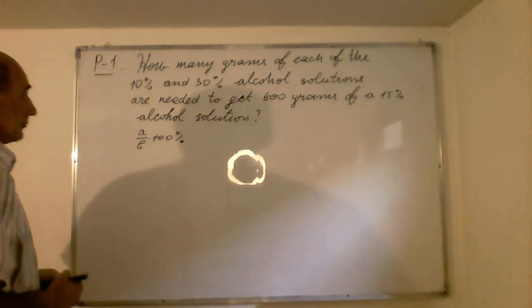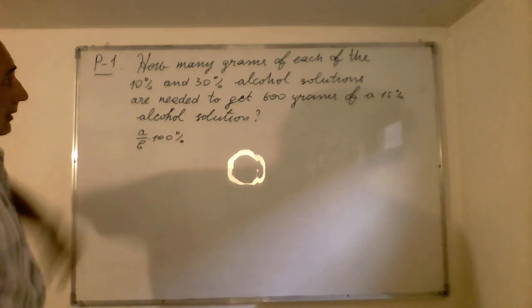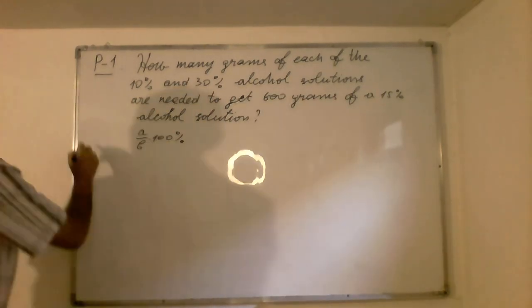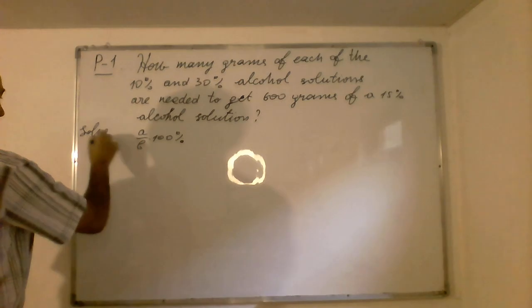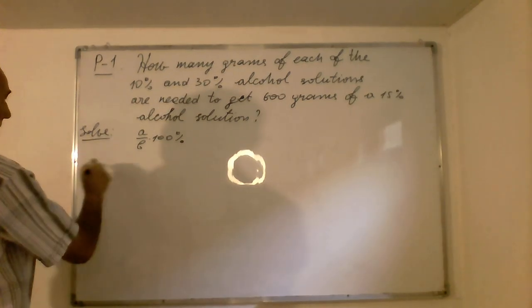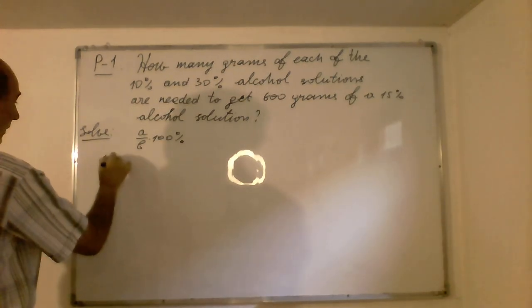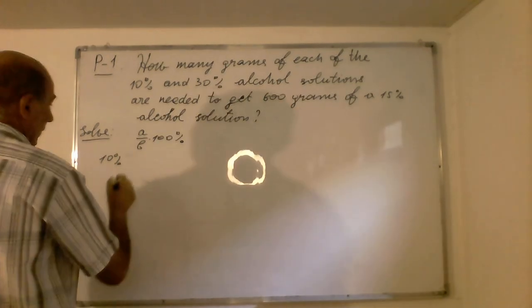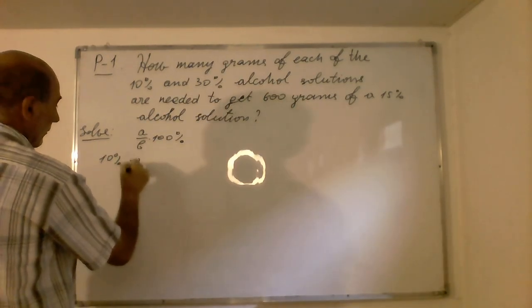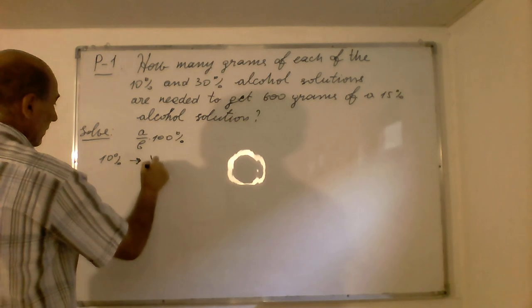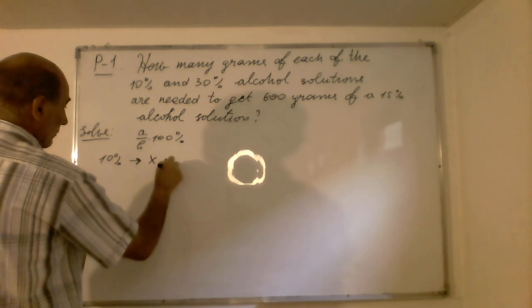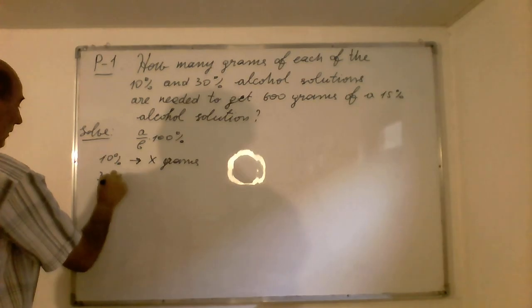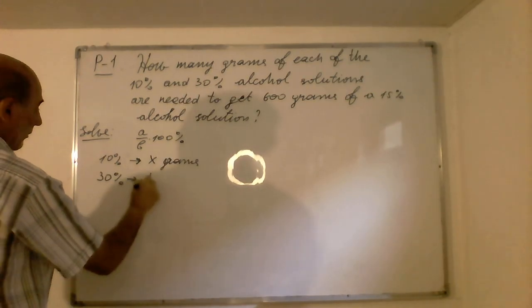So let's assume that the 10% alcohol solution is needed to get X grams, and this 30% alcohol solution is needed to get Y grams.